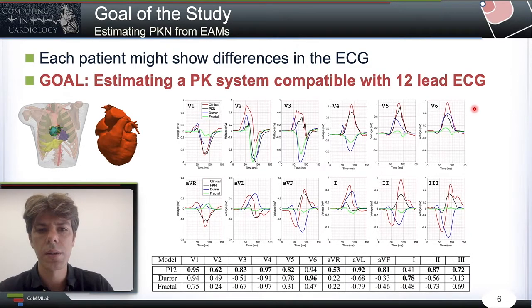In this figure that you have here, we have the activation sequence observing a 12-lead ECG using 3 different techniques: a patient-specific model, which is depicted in black, the Durrer activation sequence, and a generic Purkinje system developed by Fractals, compared with the clinical data.